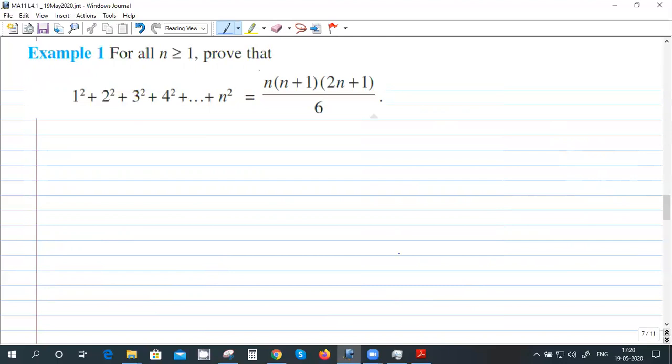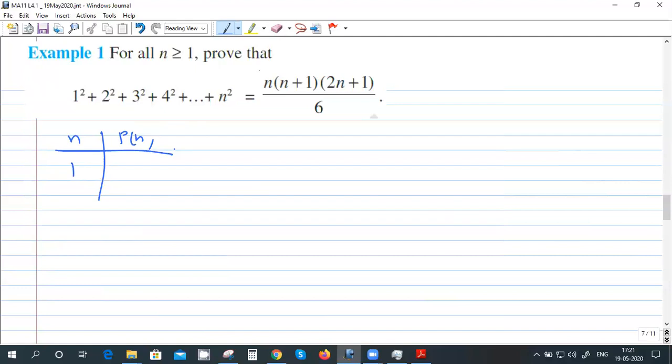You have to prove this statement. First thing, to check whether it's correct, let's put a few small values of n. N equal to 1.